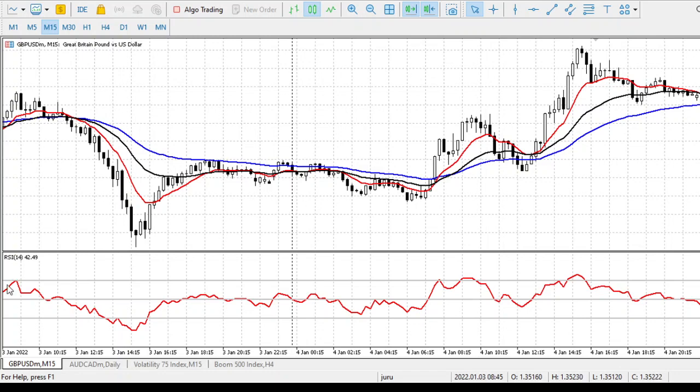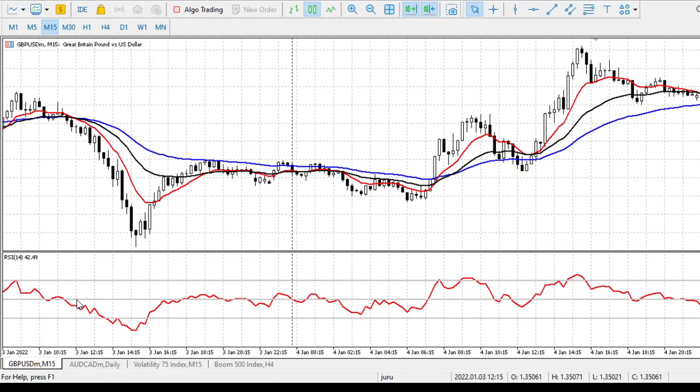Whenever we want to enter a sell trade, we should make sure that the RSI is below the 50 level. What does it mean? The RSI calculates using a period of 14. It counts the last 14 candlesticks and sees how many are bearish and how many are bullish.